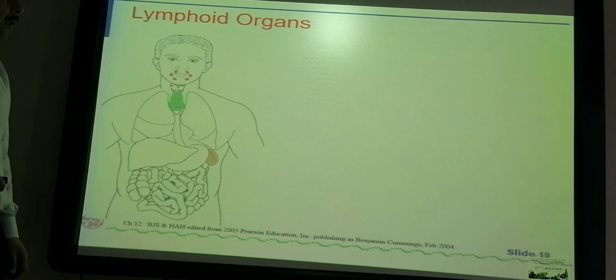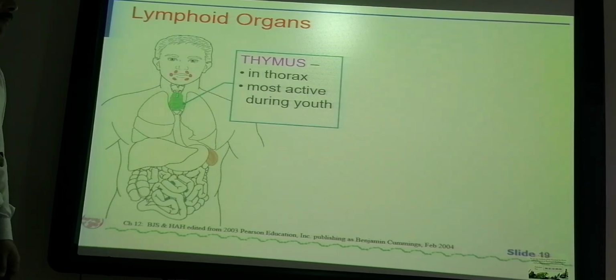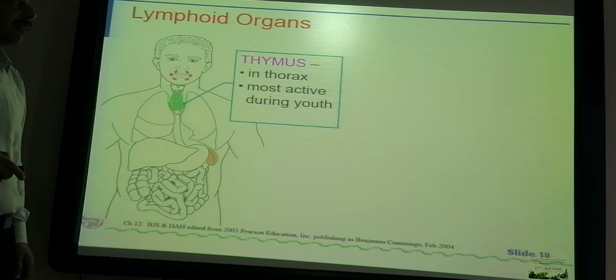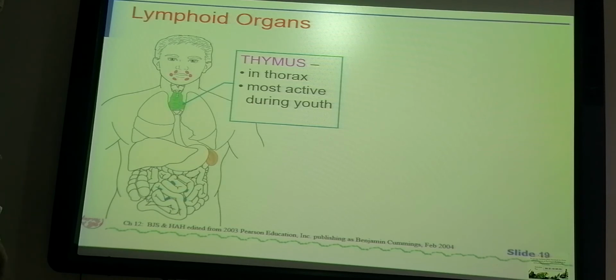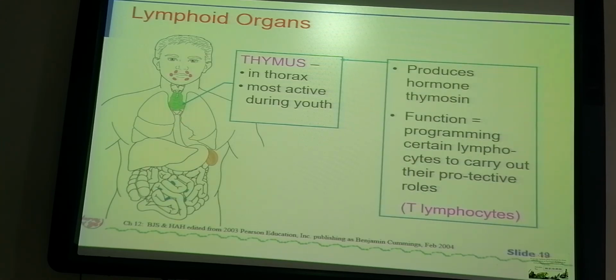Among the lymphoid organs, we also have the thymus gland. The thymus gland is in the thorax, in between the lungs. It is mostly active during youth. It produces thymosin, and T lymphocytes are also produced there for immunity. We will come later to a discussion of immunity.